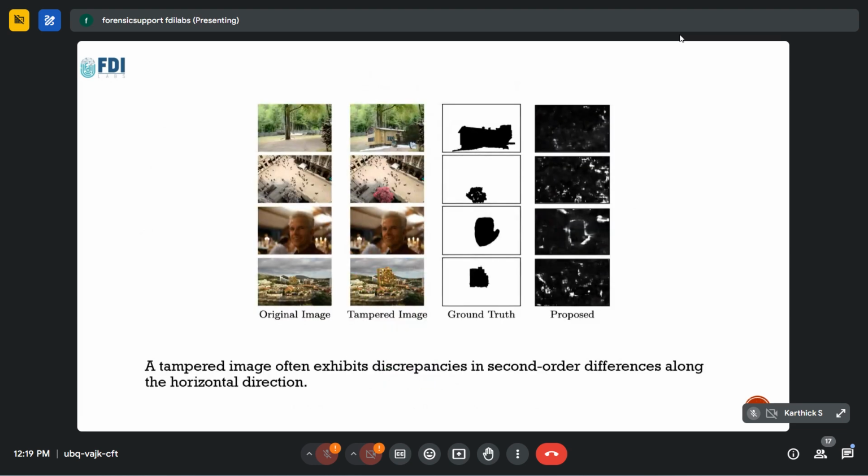Here is a basic example of how resampling is done. A tampered image often exhibits discrepancies in second order differences along the horizontal direction.